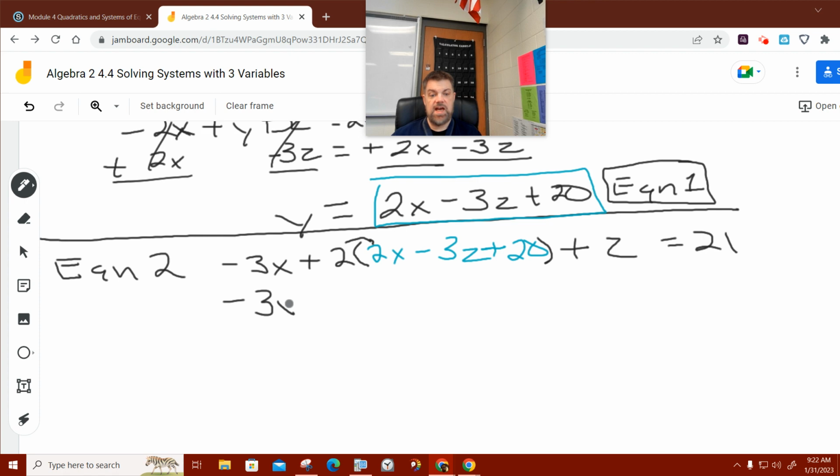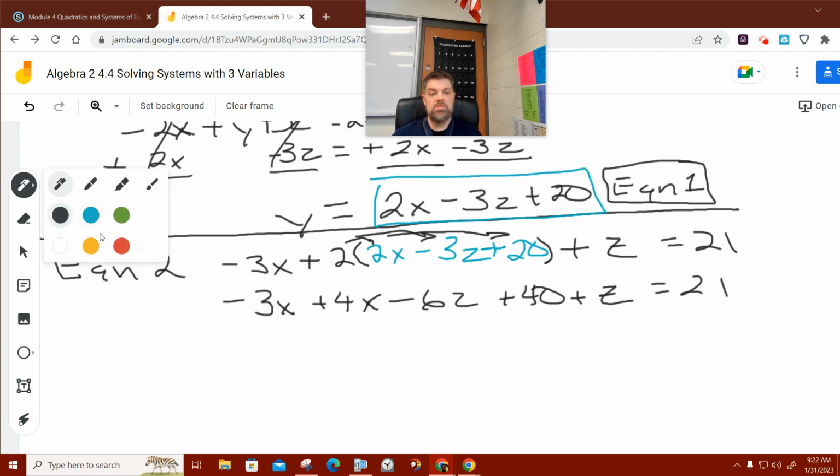So now I have 3x plus 2 times 2x is 4x. 2 times negative 3z is negative 6z. 2 times positive 20 is positive 40. And then you just put the plus z, that's a z, equals 21.